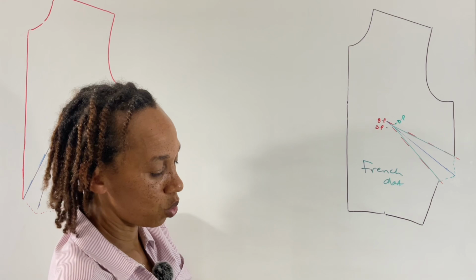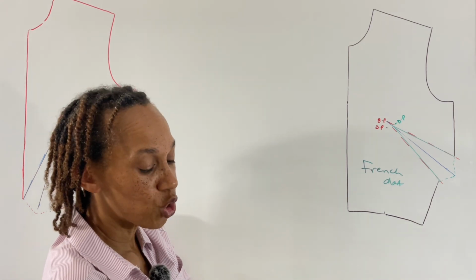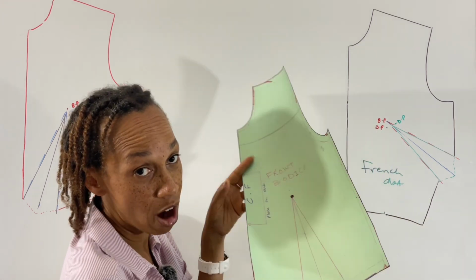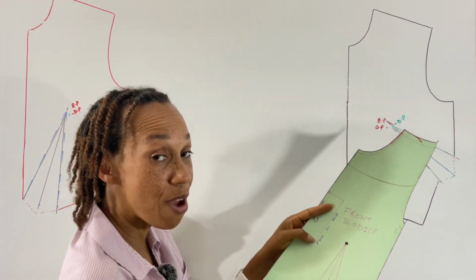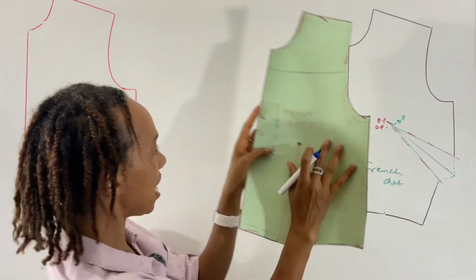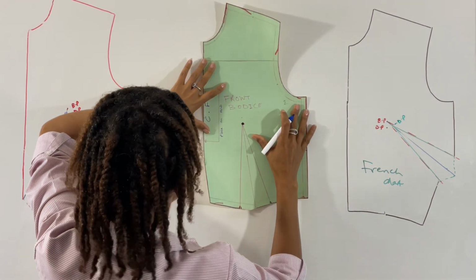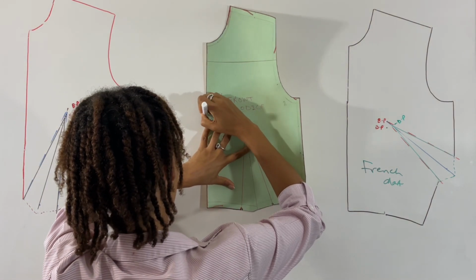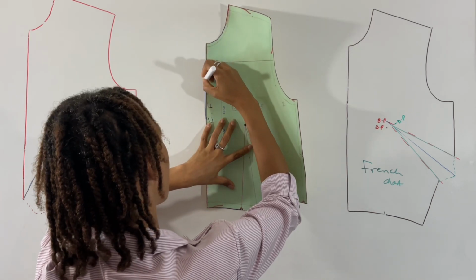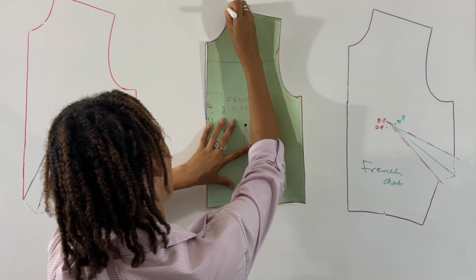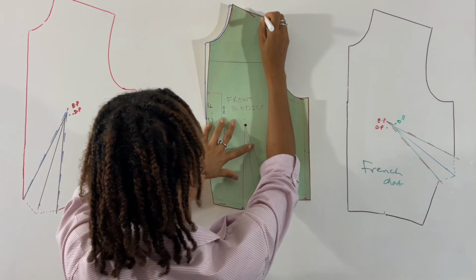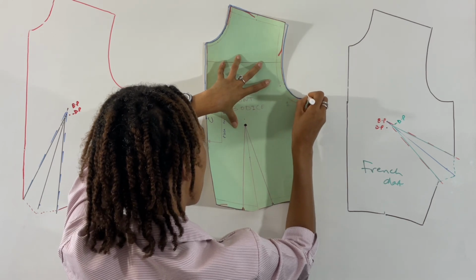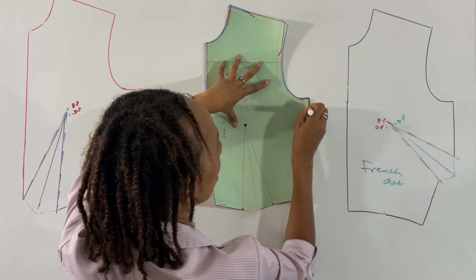Next, as I stated before, the trick is you never trace around the part that has the dart here. No, you trace away from it. Because my mark is right here, I'm going to place my center front right here, and I am going to start tracing from that point all around. You're tracing all around here, coming down.